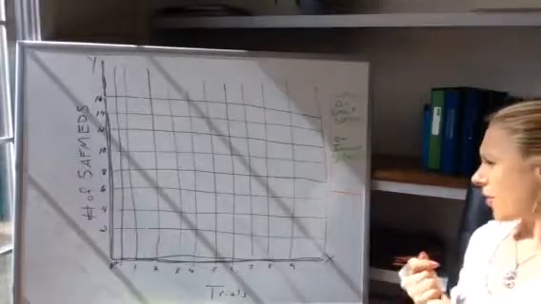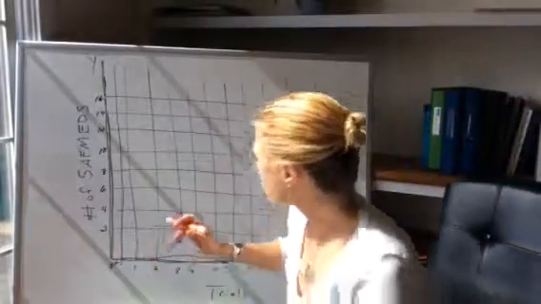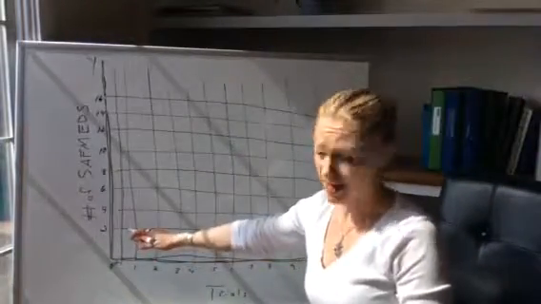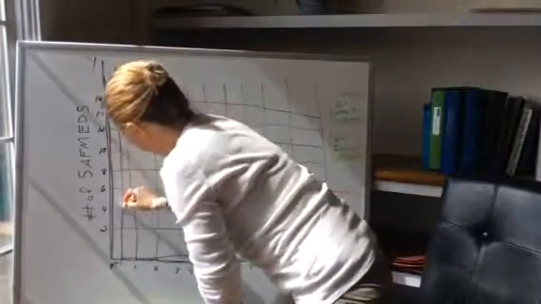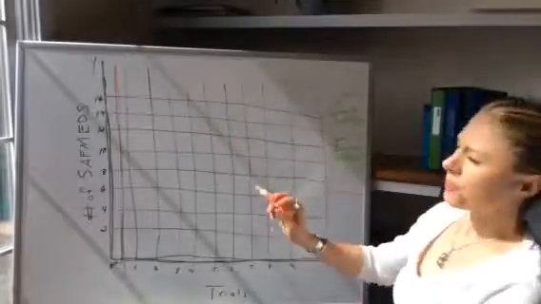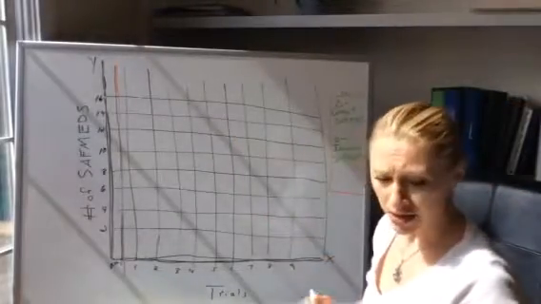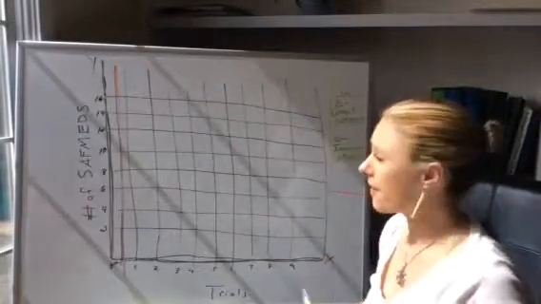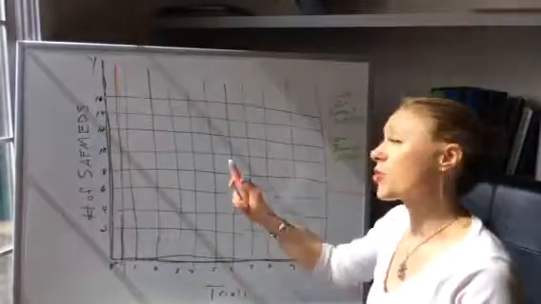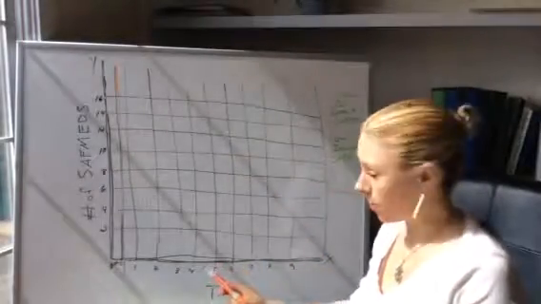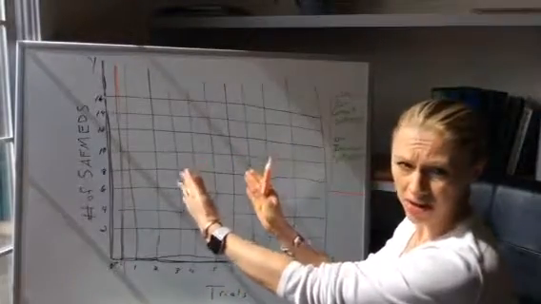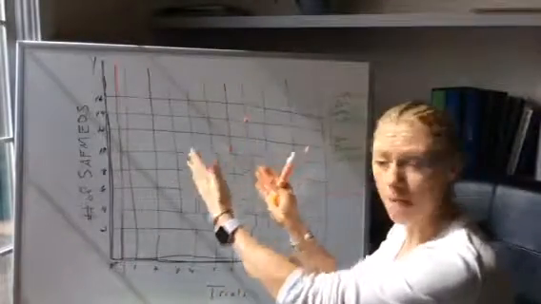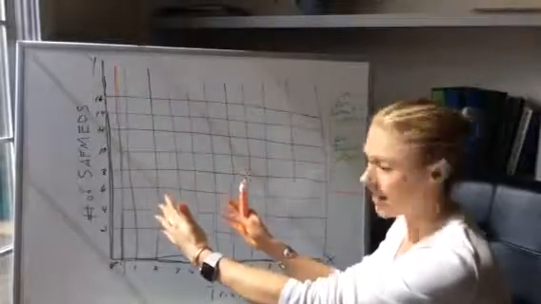So for our graph, we're going to take an initial baseline measure, and then we're going to draw a vertical line down for our phase change line. Now every time you have a phase change, there's also going to be a phase label, so that you understand exactly what that chunk in your graph represents, or what phase of your graph that is.